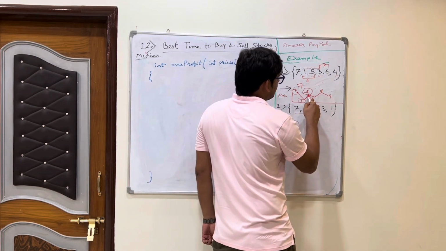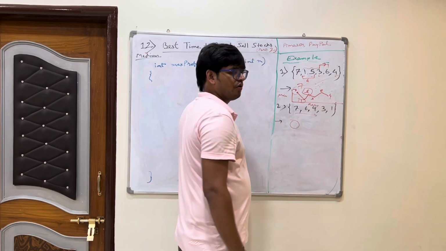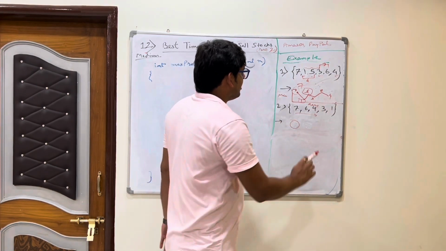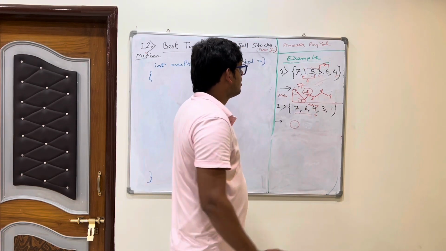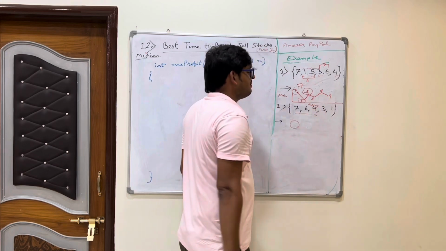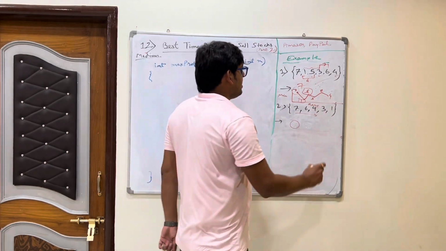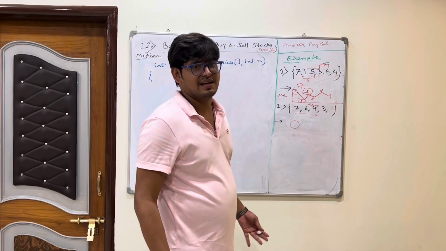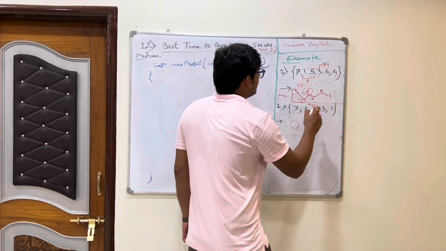So here, if the value is decreasing, he is not going to sell. If the value is decreasing, that means he can buy at that value, and we can sell only when the value increases. Then only he can attain the profit, right?